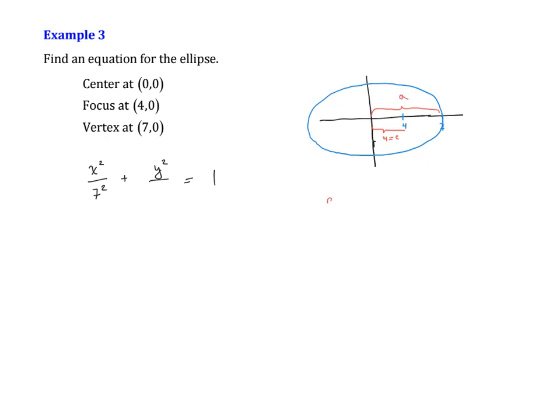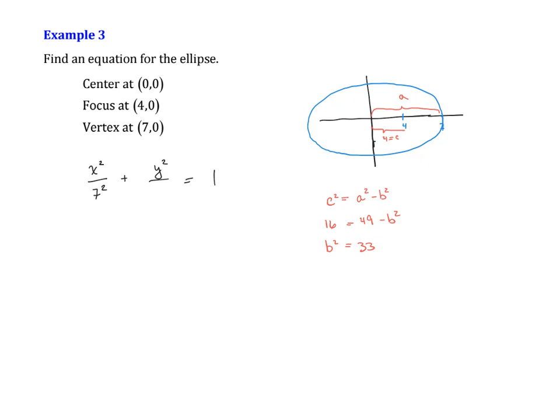So we know c squared equals a squared minus b squared, well that's 16 equals 49 minus b squared. This means that b squared is going to be 33.